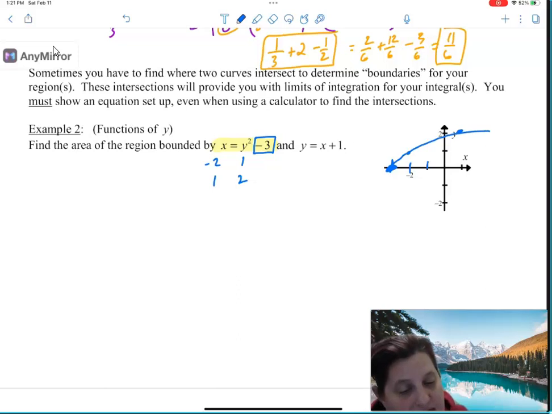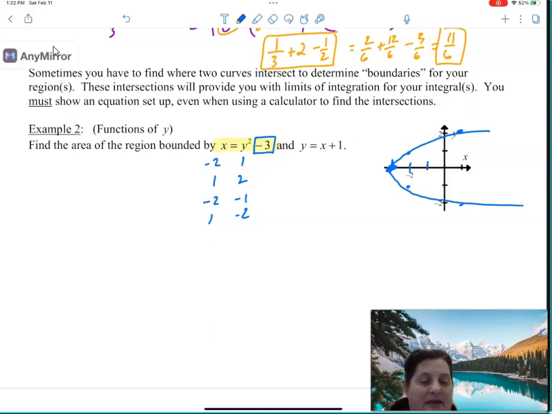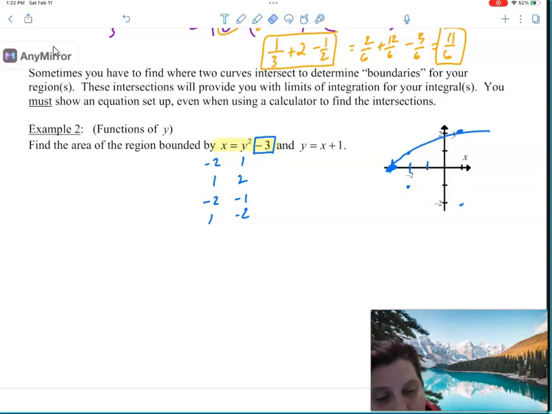But then it can also be the point, if y is negative 1, x is negative 2. And if y is negative 2, x is 1. So you can kind of graph it, or you could just know that that's what x equals y squared looks like.